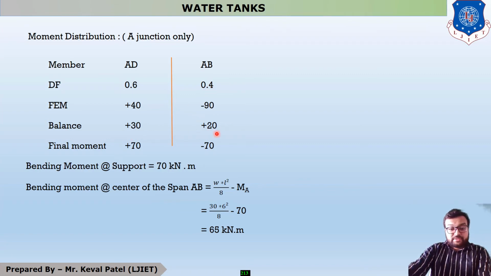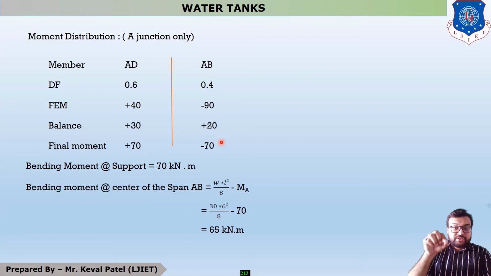Now what is the summation of moment? The summation is plus 40 plus 30 is equal to plus 70, and minus 90 plus 20 is equal to minus 70. Now you can see that your junction A is balanced, having the moment equal to 70 kilonewton into meter.